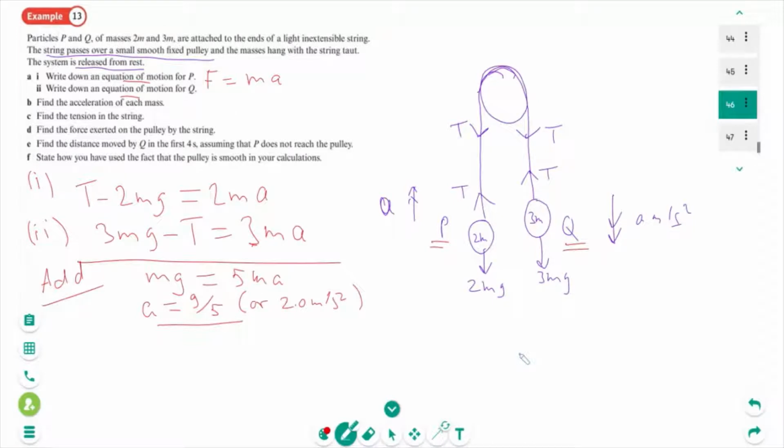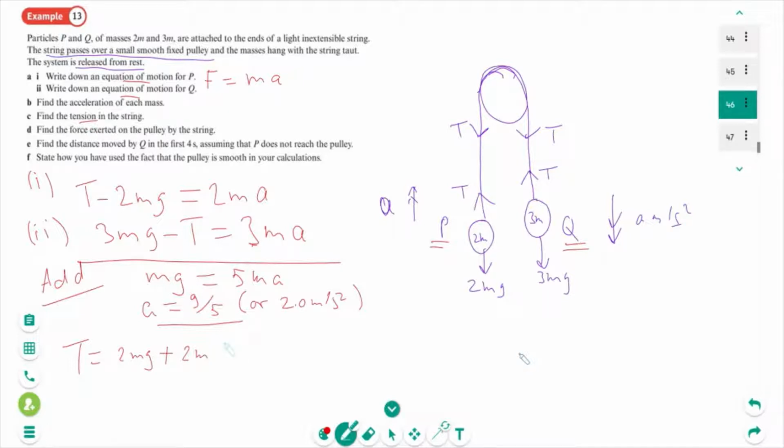To find the tension, I just need to substitute and solve. You can use either equation. So from the first equation, T is equal to 2mg plus 2ma.